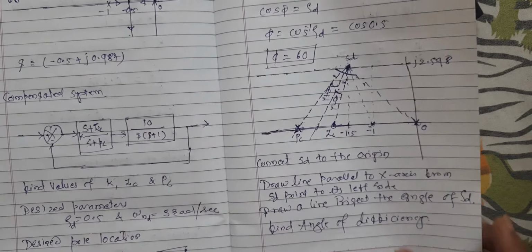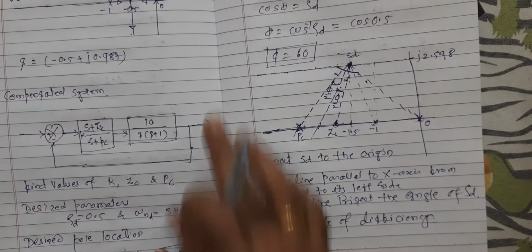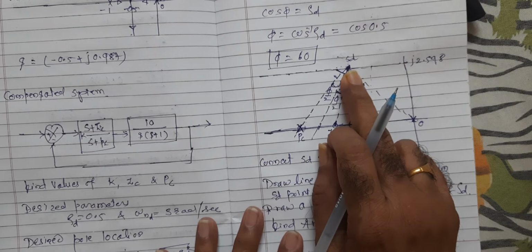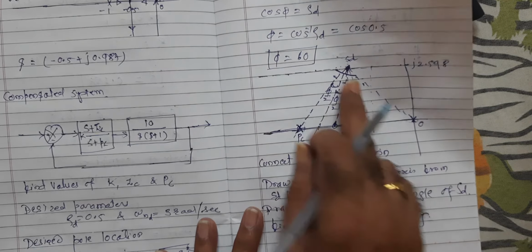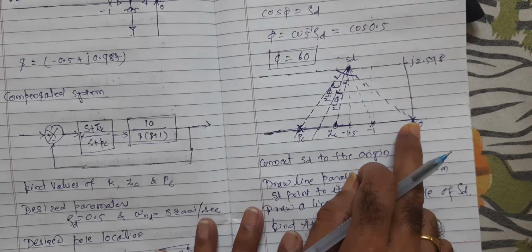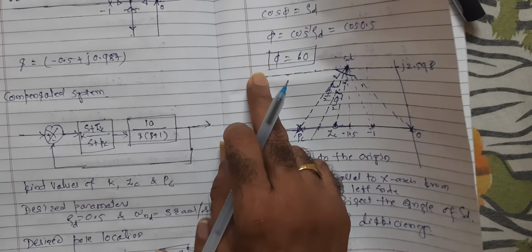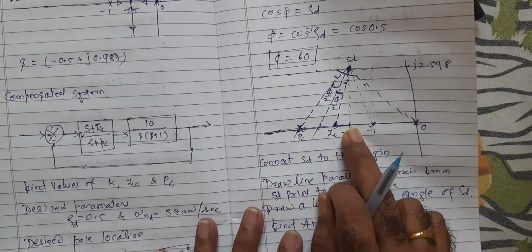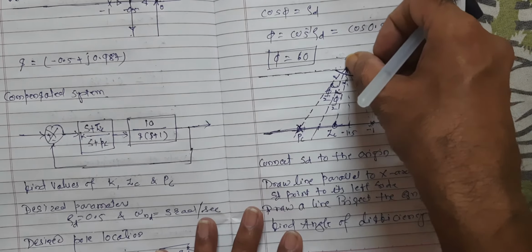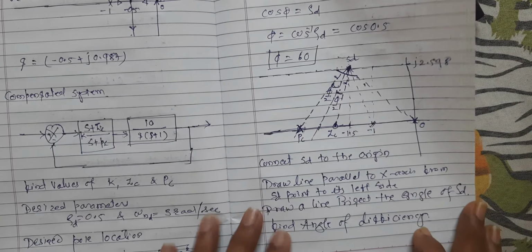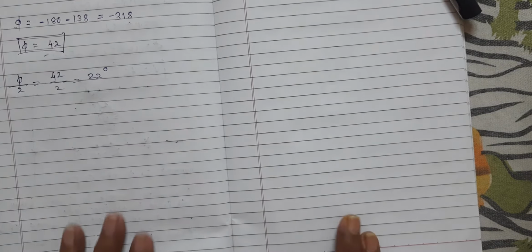Now see here. First you draw the point SD on the graph. Then connect this SD to the origin, and draw a line from SD parallel to the x-axis. Whatever the angle is there, you bisect it. After this, you find phi, the angle of deficiency. How do we find it? How many poles are there?